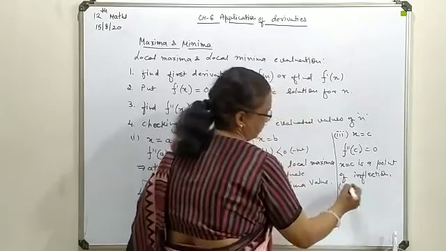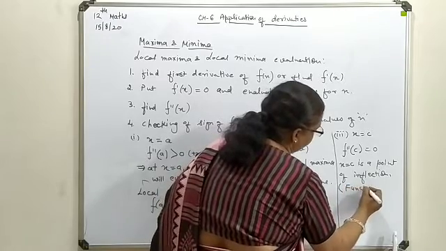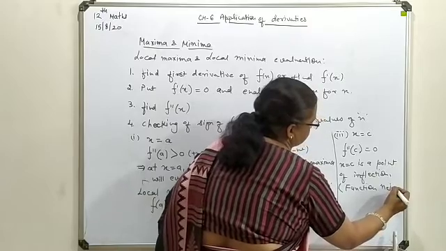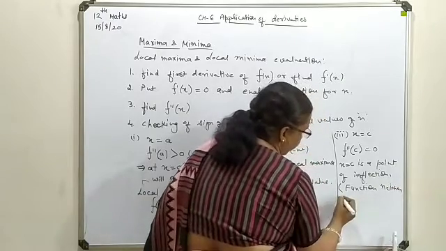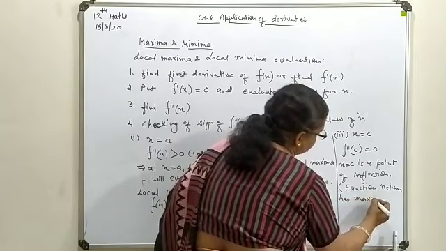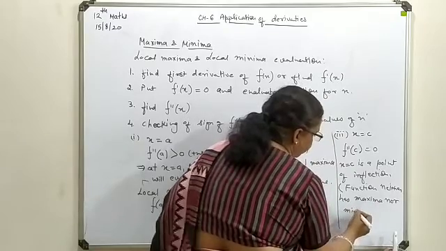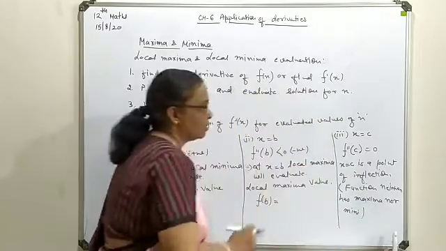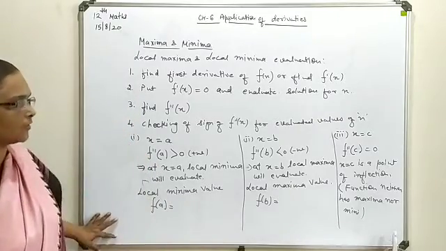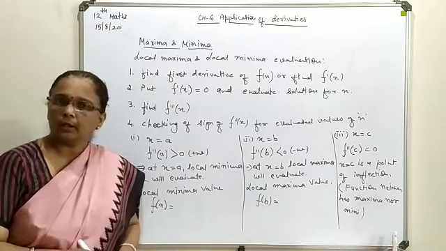That means the function has neither maxima nor minima. So sometimes this point also may be asked to you. These are all the steps you will use to find local maxima and local minima.